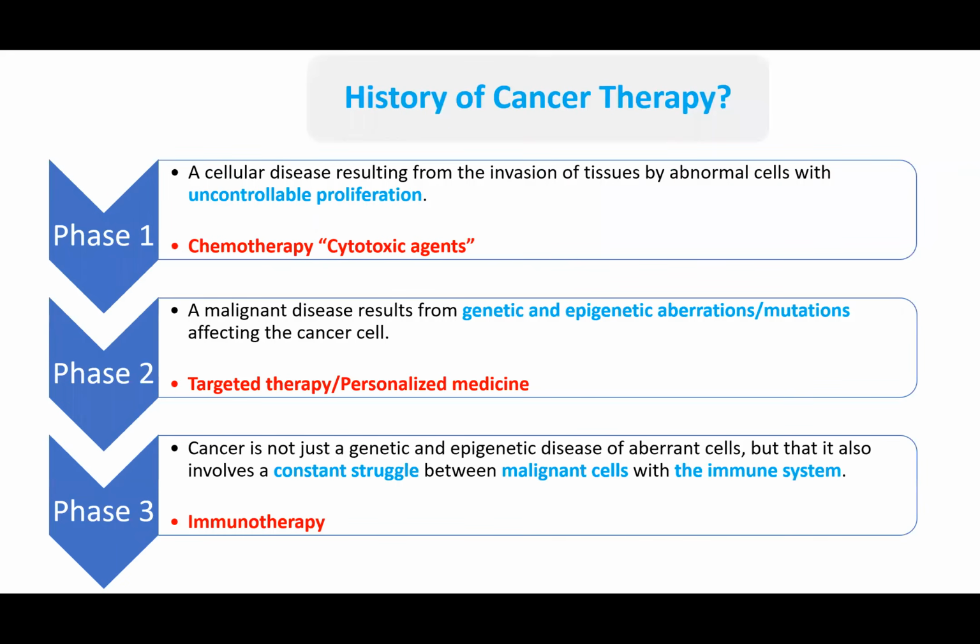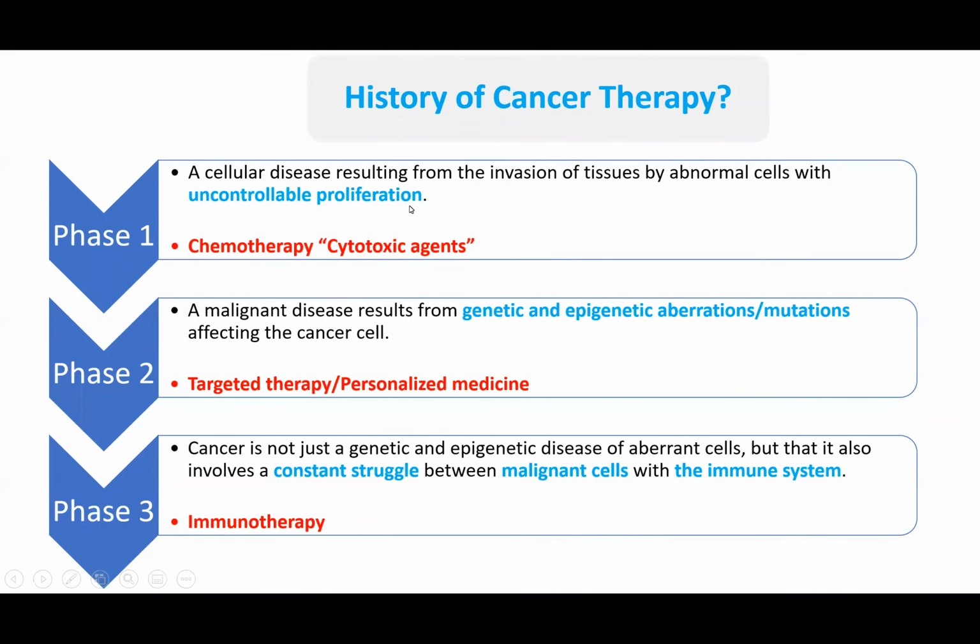Okay, so if we talk about the history of cancer therapy, at the beginning, all people knew about cancer is that some abnormal cells with uncontrollable proliferation start to appear in and invade certain tissues. So the main characteristic here is uncontrollable proliferation.